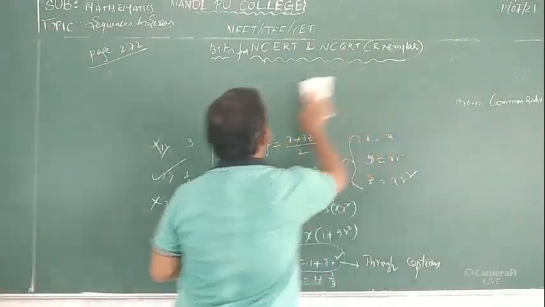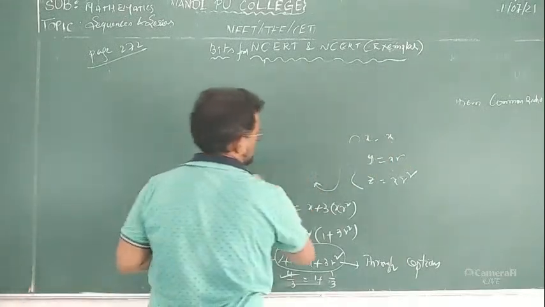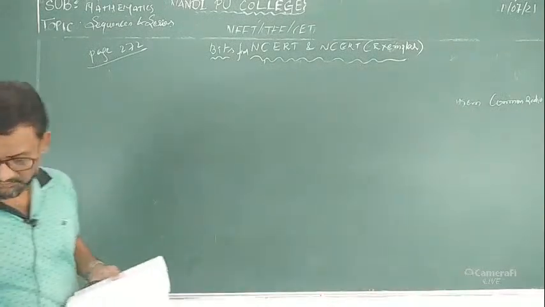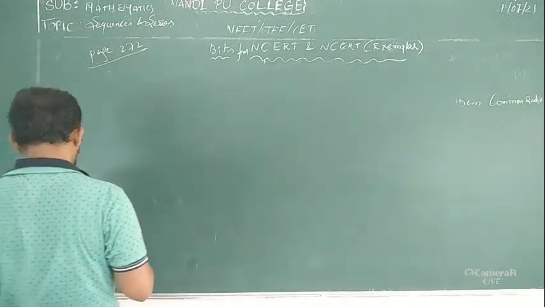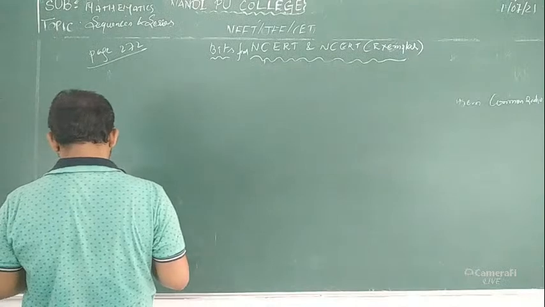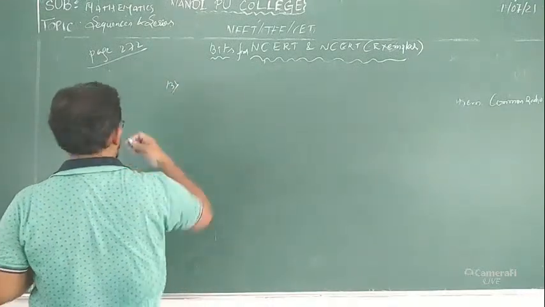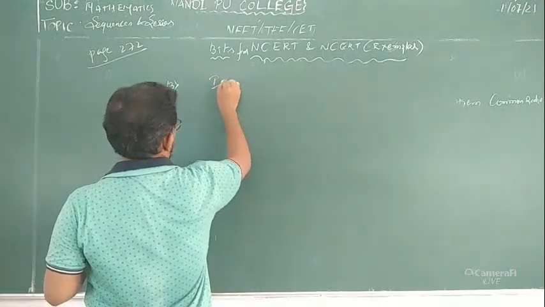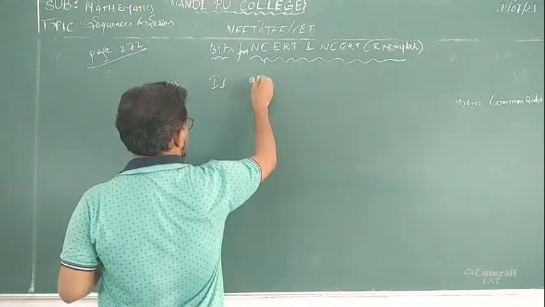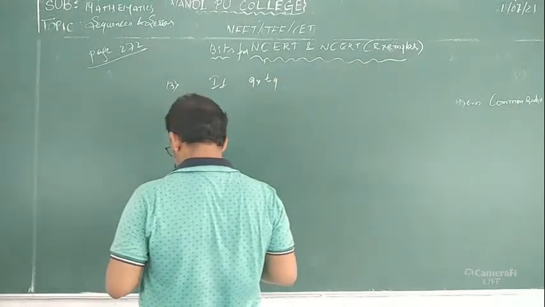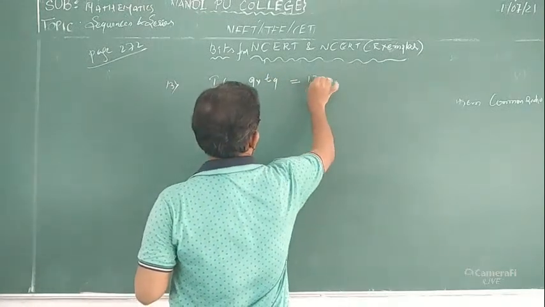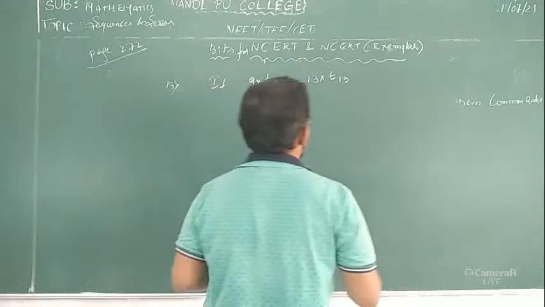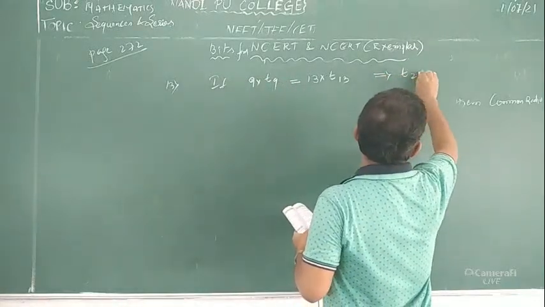Next, thirteenth one. If 9 times the ninth element is equal to 13 times the 13th element, then find the 22nd term.